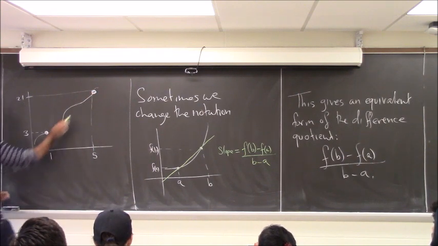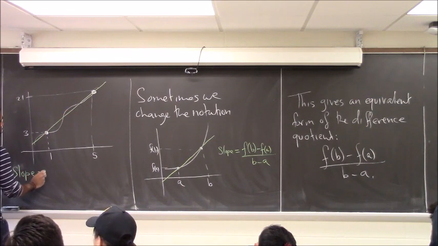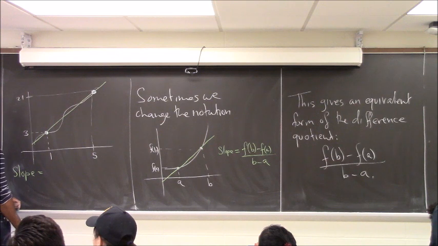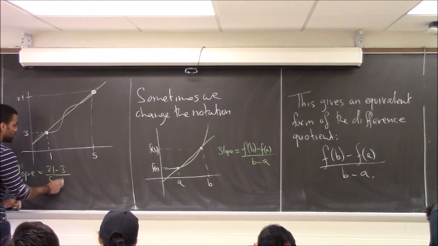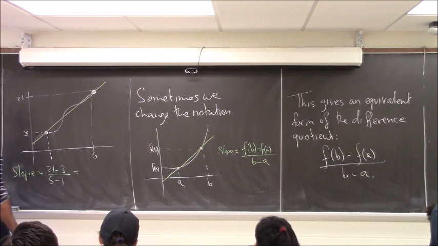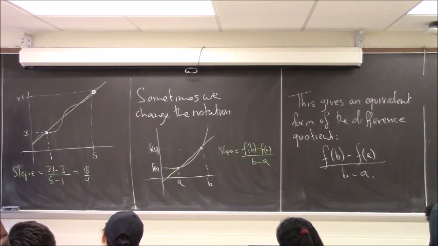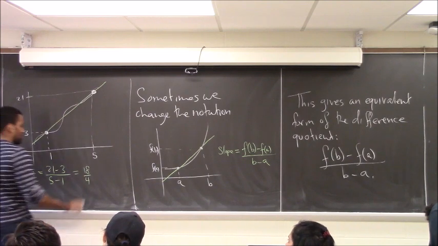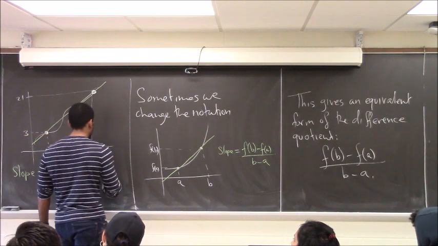Notice if I measure the slope of this line, what would happen? The slope is going to be what? Well, 21 minus 3 over 5 minus 1, right? What would that actually give you? It's 4.5.